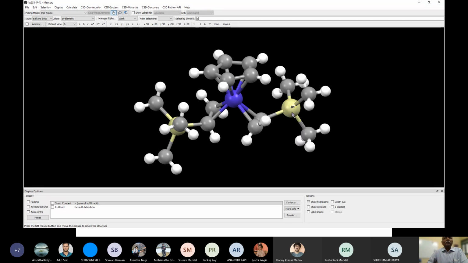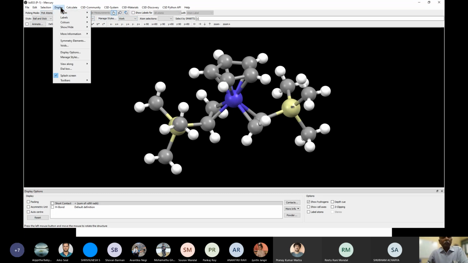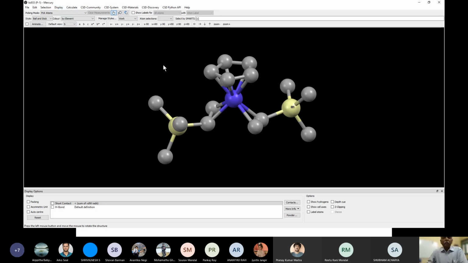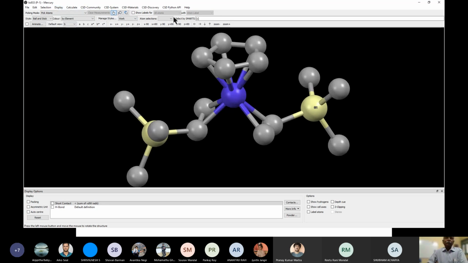Let's reduce the congestion by saying show hide hydrogen so that you can see it better.